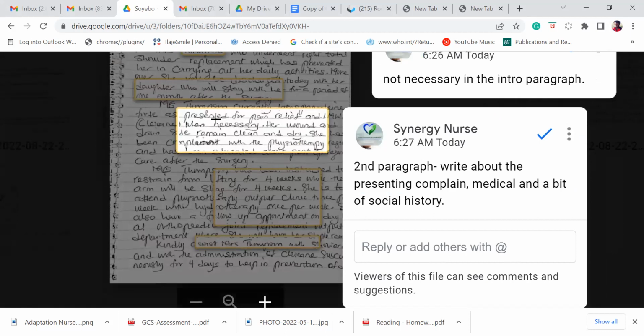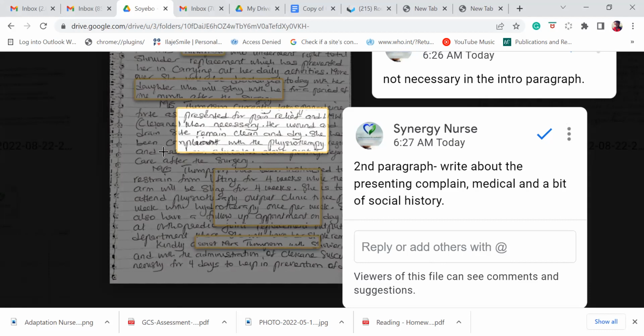You can start it like, Miss Thompson was admitted on, say the date, due to, you've already talked about it, like due to right shoulder arthritis. She was managed, how was she managed briefly, and what she presented with, with a medical history of these and these and these.